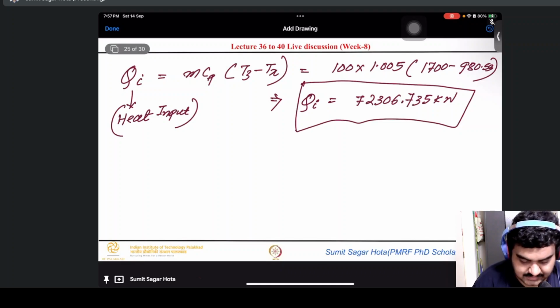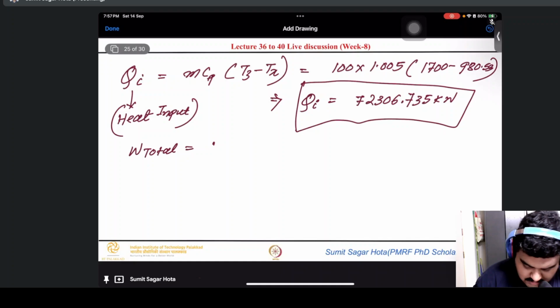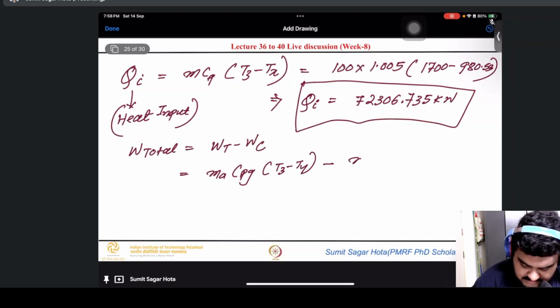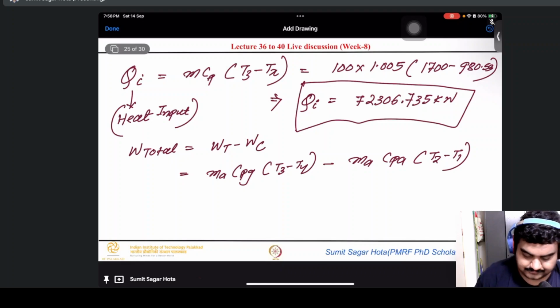What is the total work? Wt minus Wc: ma into Cp of gas, T3 minus T4, minus ma Cpa, T2 minus T1.